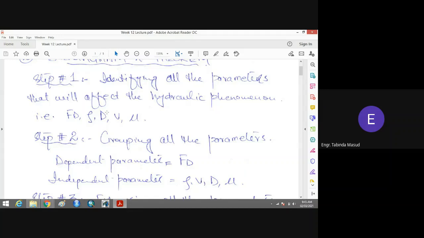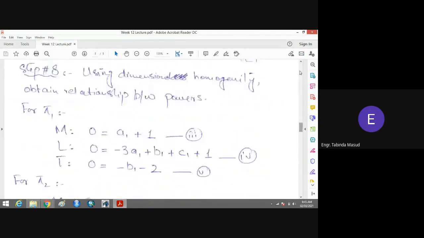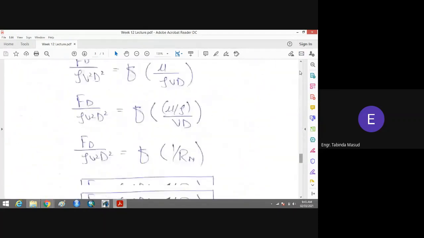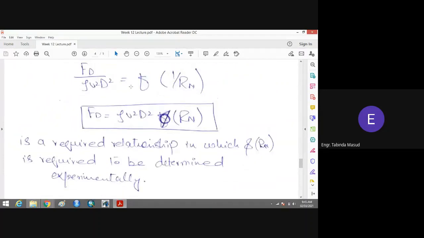But once you do the analysis, it shows you that drag force depends upon the Reynolds number; all these parameters combine into the Reynolds number.